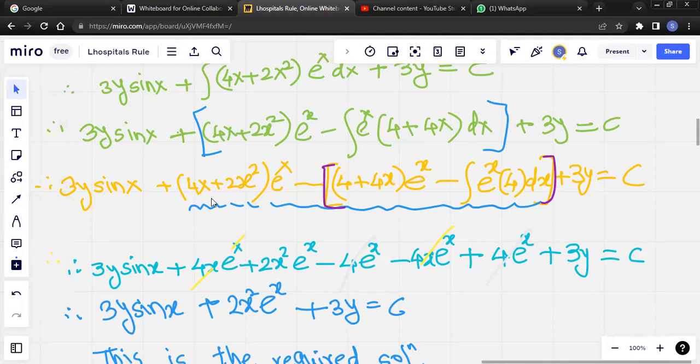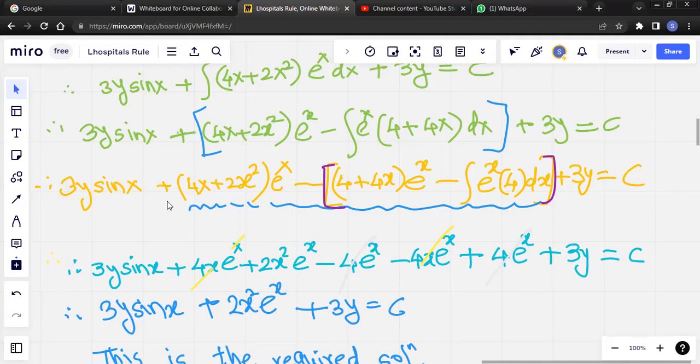So again 3y sin x as it is, this (4x plus 2x^2) e^x as it is, minus sign as it is, now in bracket. The first term will be your algebraic term, so 4 plus 4x as it is, integration of e^x is e^x, minus whatever we got here we write inside the integration sign, and the derivative of the first term, that is 4 dx, plus 3y as it is equal to constant.